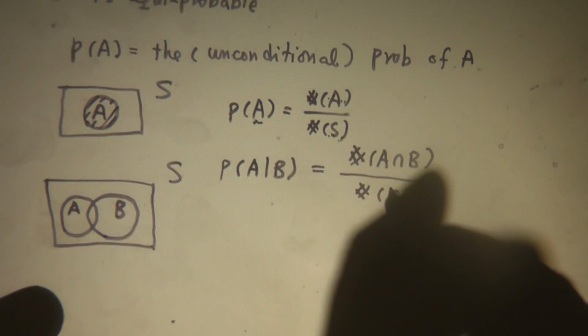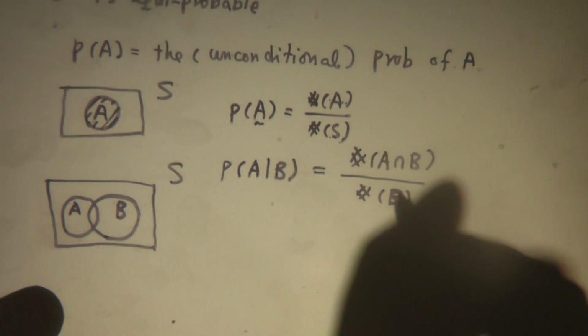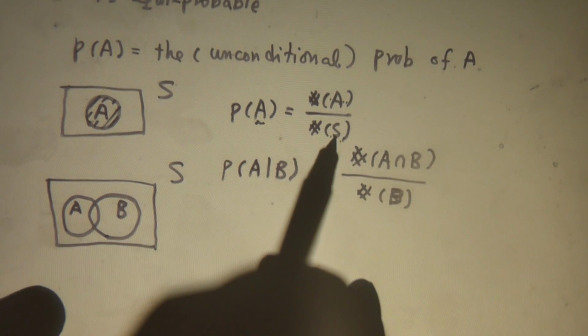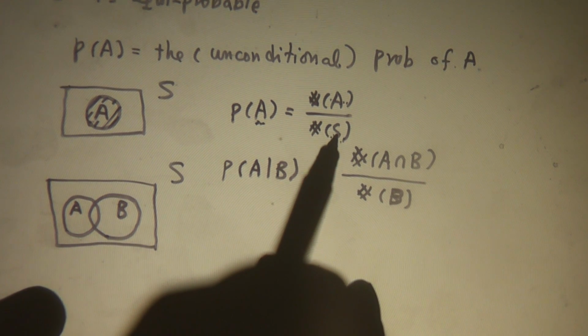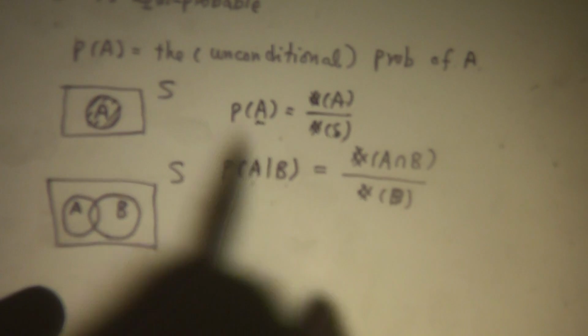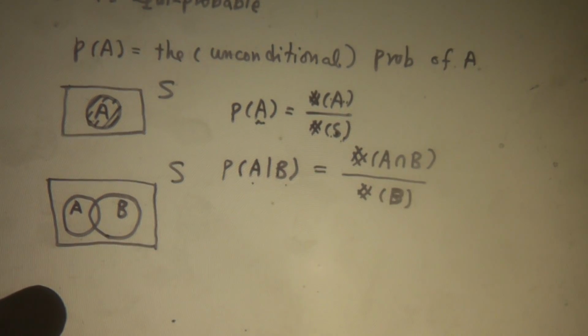It's simply how many outcomes are in B, okay? And what does that mean? Well, in unconditional probability, what will happen for sure? The sample space will happen for sure. But in conditional probability, what will happen for sure? B will happen for sure.